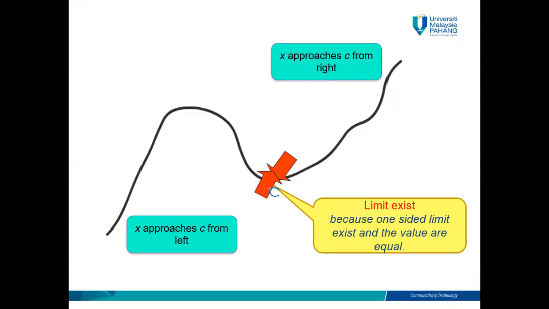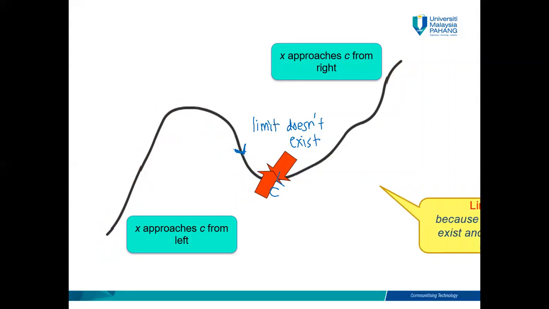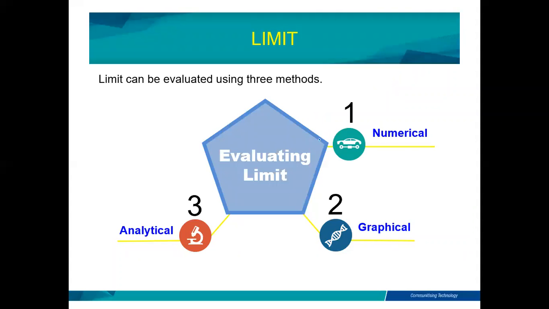For example, let's say the limit from the left is here, c is maintained here, and the limit from the left approaches c here, while the limit from the right approaches c there. So it means we have two values. So this one, the limit does not exist. It must meet at the same value. If this one meets at the same value, then the limit does exist. So how to evaluate the limits? Like I said earlier, we have 3 methods to evaluate the limit.